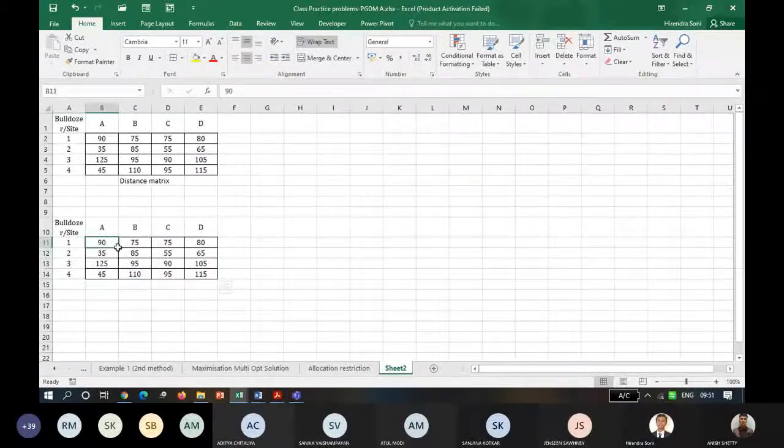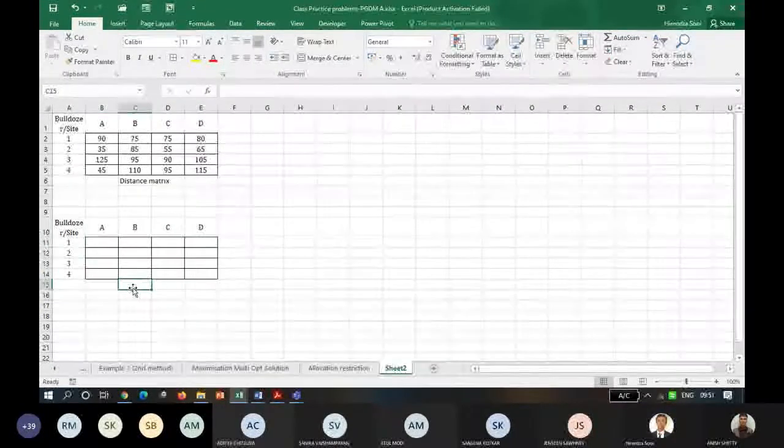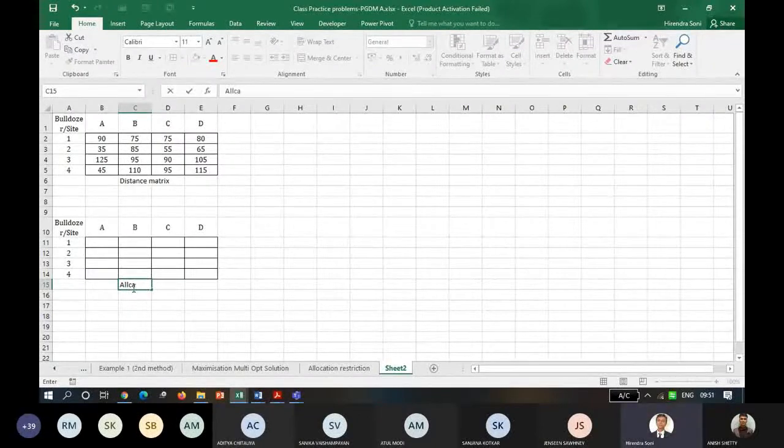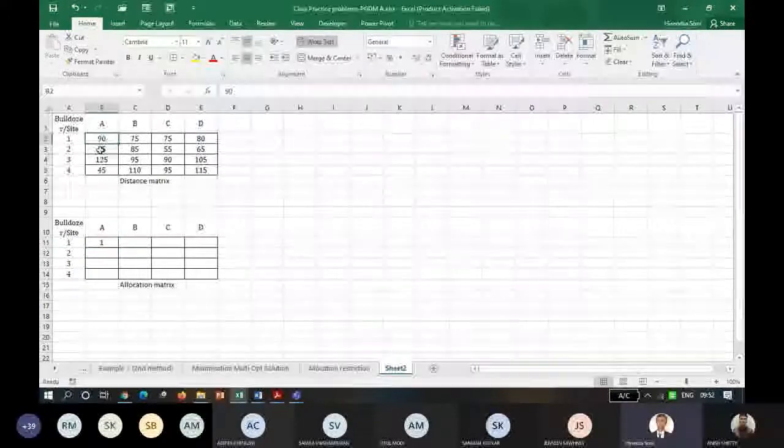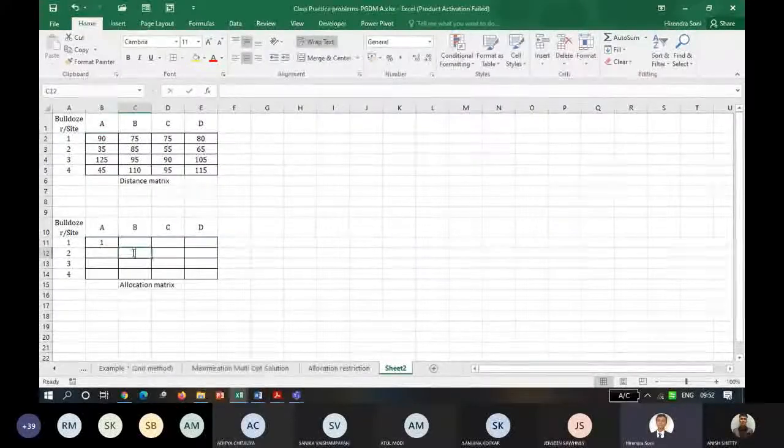Okay. But it would be an allocation matrix. That means we will only just show the allocation there. That means if I put a 1 here, that means I am allocating this cell.